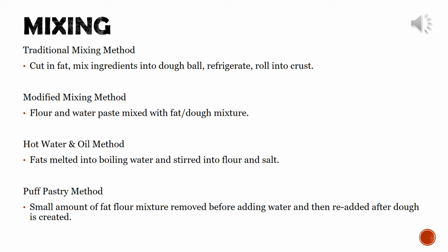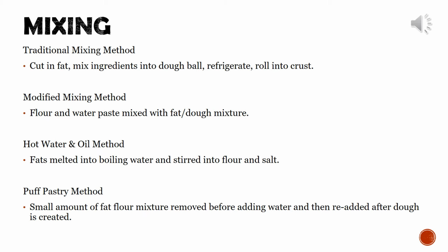For the hot water and oil method, you're going to usually do this with butter, and you're going to add butter with the boiling water. And so you're not going to get the same level of flakiness in the pastry because it's not going to be that solid fat when it's cooked.